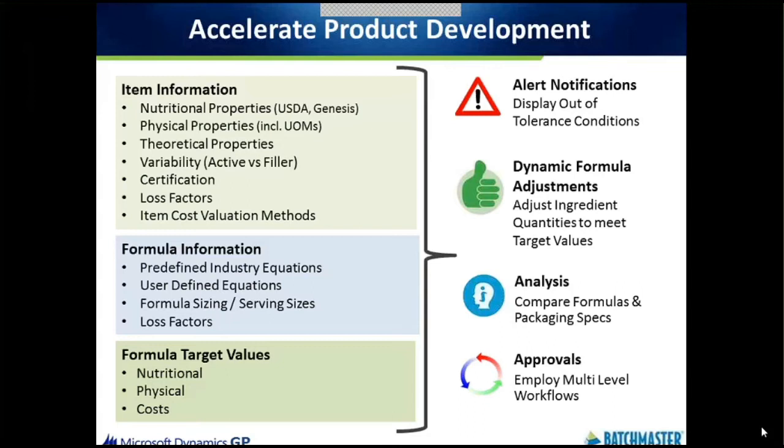So those embedded QC tests can be checked by your quality managers when they receive the specification. There's estimated formula costs based on the raw material costs and the labor costs, and those can be checked by your finance managers. And the bottom line is when it's approved, it's active on a certain date, and it's ready for production.